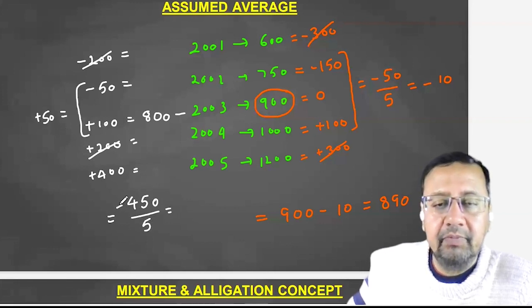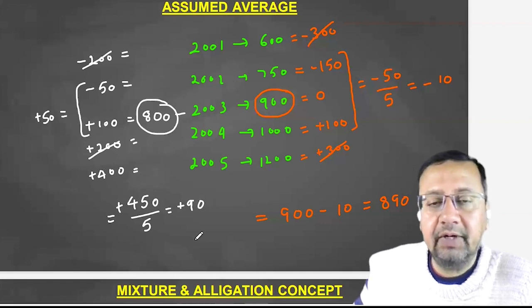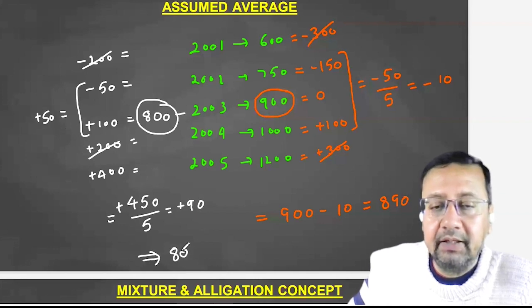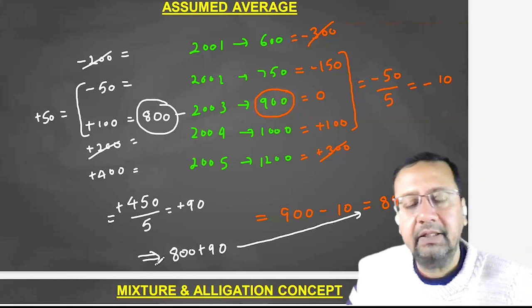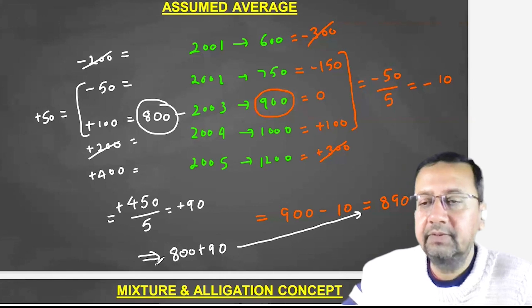And this is what? Plus, right? So this is what you're getting, plus 90. You have assumed your average is 800. Now you have to do your correction, plus 90. So your final answer is coming out to be 800 plus 90, and this is coming out to be the same as 890. Right? Got it?